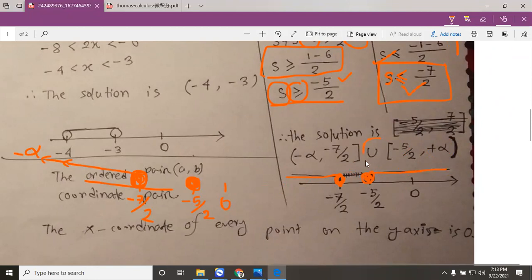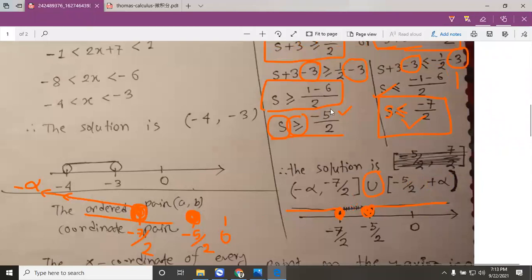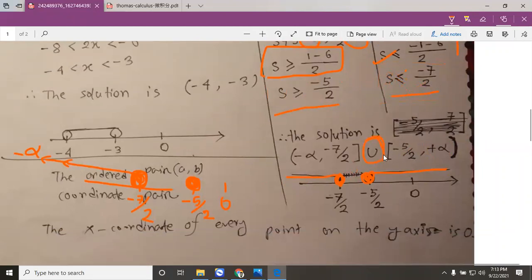So why do we use this union, right? We have two answers. One is here and another is here. So as we have two answers, we have to use this union. If we use property 9, property 6, you have to use intersection.